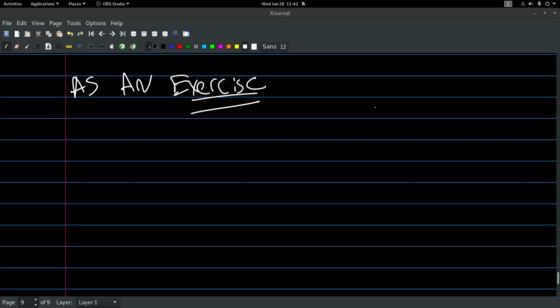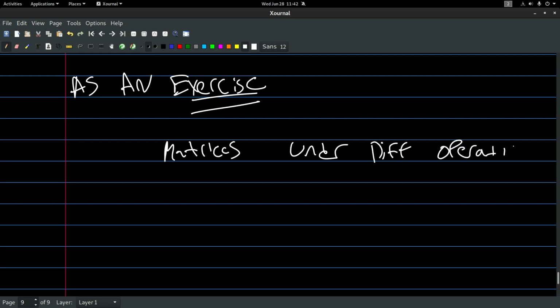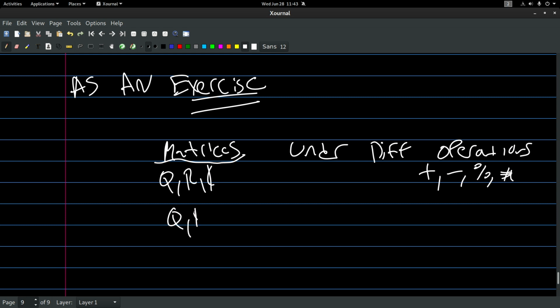Okay, so as an exercise, I want you to think of matrices under different operations. So addition, subtraction, division, multiplication, and different sets like Q, R, complex, even, like I said before, the set of these sets and the operations. What are they? Are they binary operations? Are they commutative, associative?